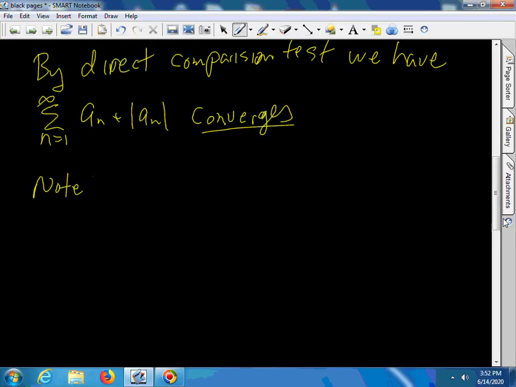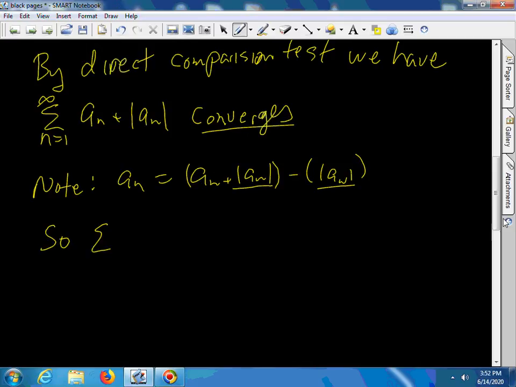Note, a sub n is equal to a sub n plus the absolute value of a sub n minus the absolute value of a sub n. Basically, I added and subtracted that. So, the summation of a sub n, as n goes from 1 to infinity, is equal to the summation of a sub n plus the absolute value of a sub n minus the absolute value of a sub n.